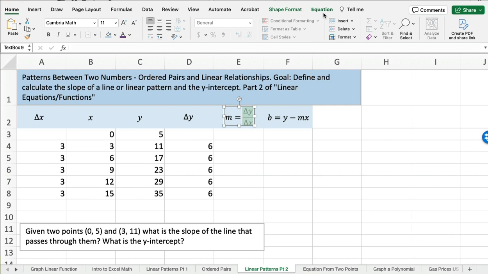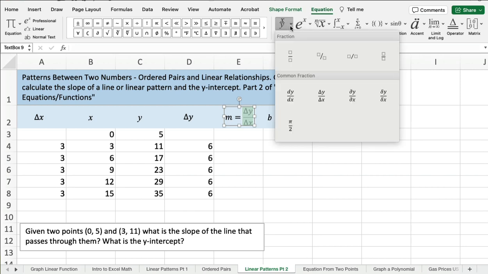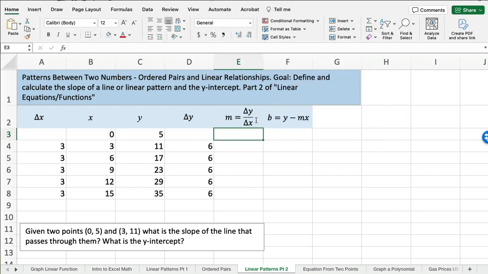In the equation editor, under the fraction menu, it shows up as delta y divided by delta x as a standalone thing. That is a very important concept in math, and we're going to discover that it's actually a constant value.